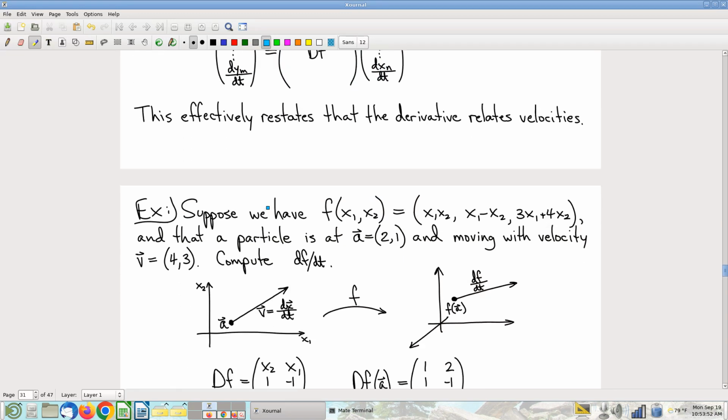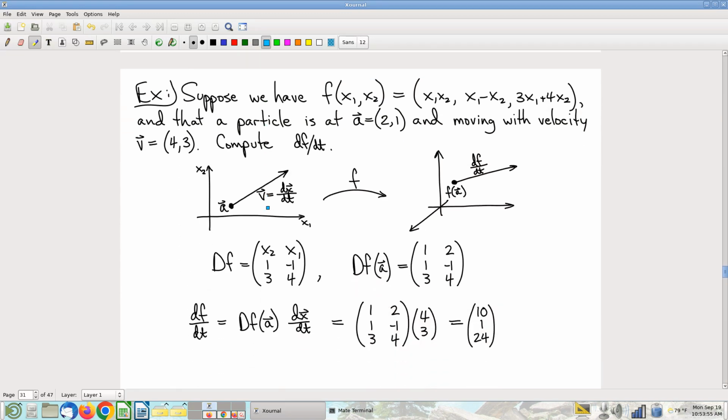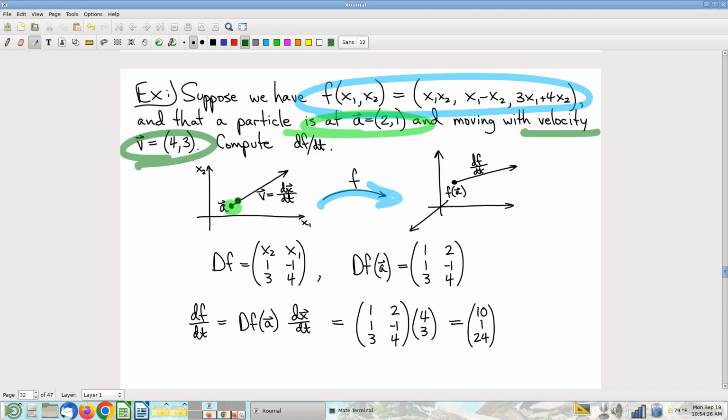And here's just kind of a fleshing out. Here is a multivariable function, and we've got 2 inputs and 3 outputs, right? And then we've got a story about where we're at and what the velocity is. We are currently at the point 2, 1, and we're moving with velocity 4, 3.